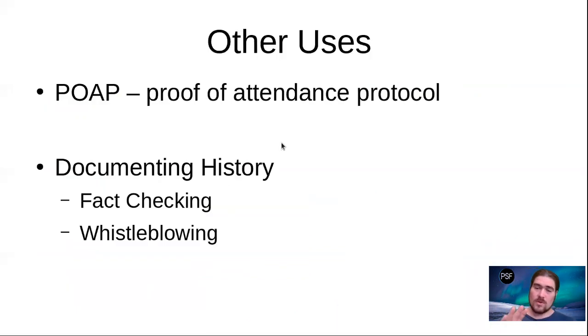Another thing that I want to share is that because these NFTs are a stake in the ground on the blockchain and they're recorded in an immutable ledger, they become really, really good for documenting history. And that includes fact checking and whistleblowing. So right now it's May 2022. There's a war in Ukraine. There's a lot of misinformation on both sides.